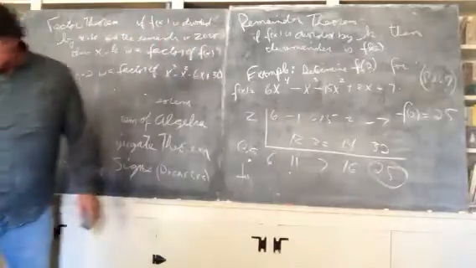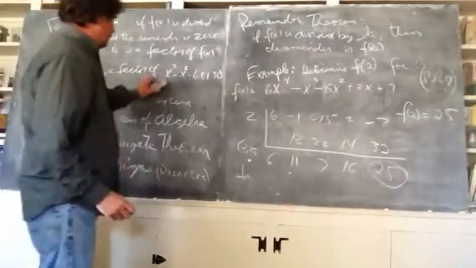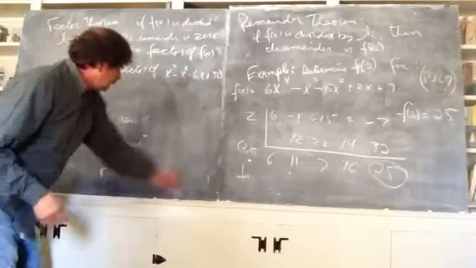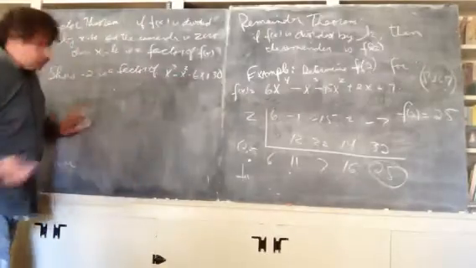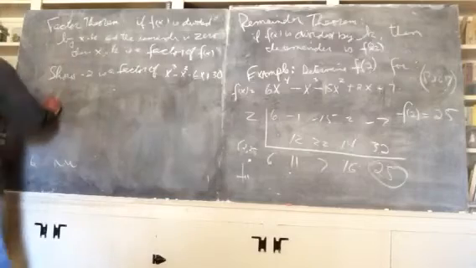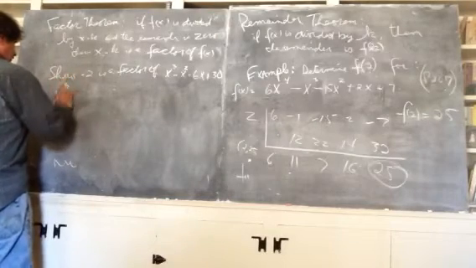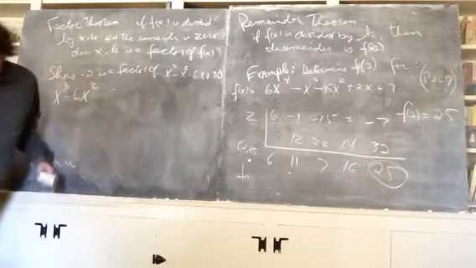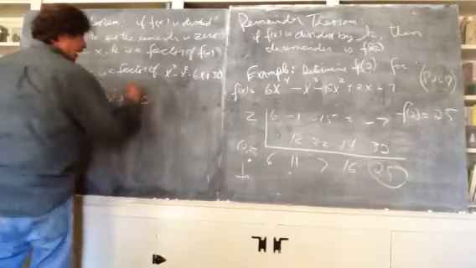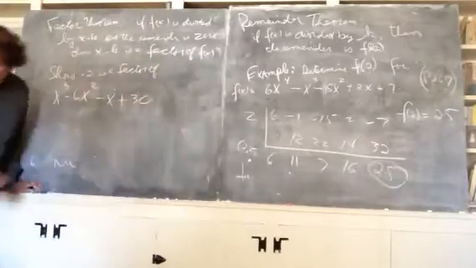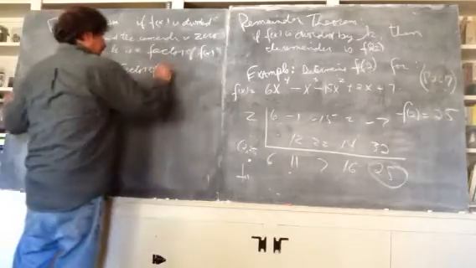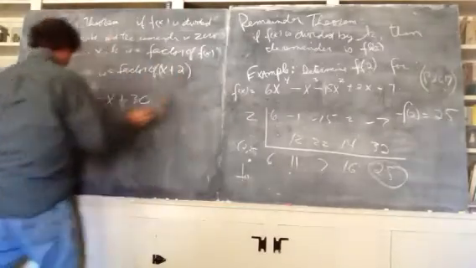I'm so sorry, I did it again. This is why I started the tape in the first place. x cubed minus 6x squared minus x plus 30. And I want to show x plus 2 is a factor of this.